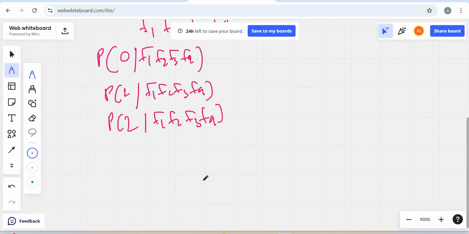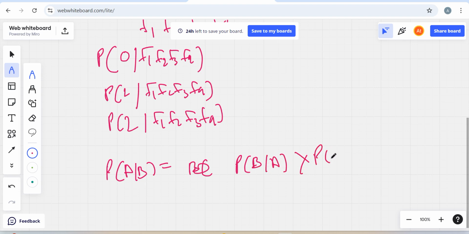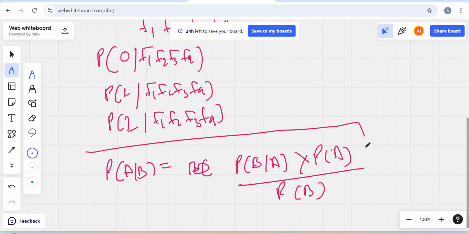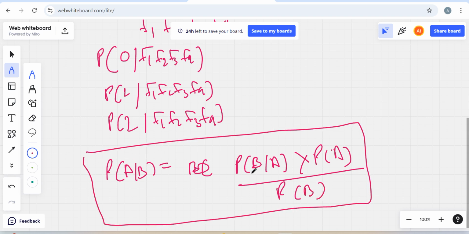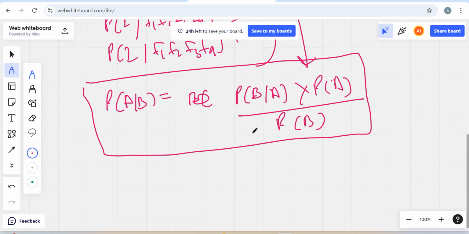We'll use Bayes theorem. In Bayes theorem, if you want to calculate probability of A given B, the formula is probability of B given A multiplied by probability of A, divided by probability of B. This is the Bayes theorem, and we'll utilize it here.